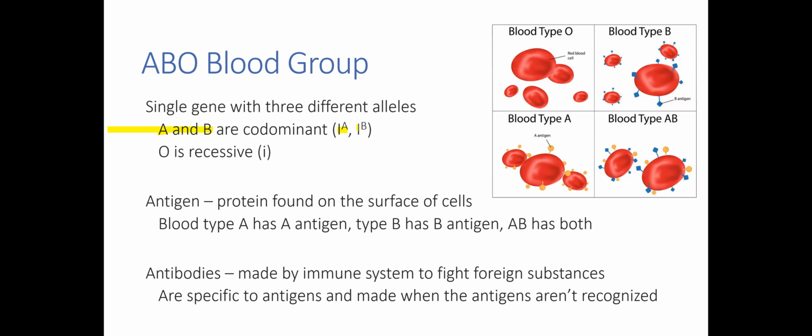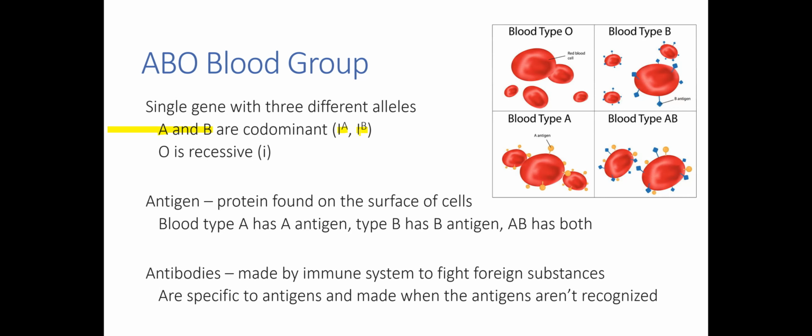Now, when you're doing your Punnett squares, it doesn't matter what you use, but technically these are represented by a capital I with a capital A or a capital B superscript. And because this indicates that they are both dominant, the capital I comes from the word immunoglobulin, which has to do with the protein.